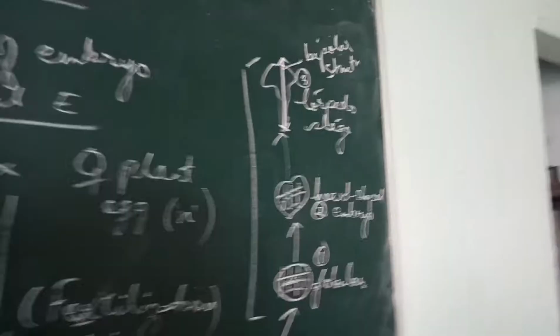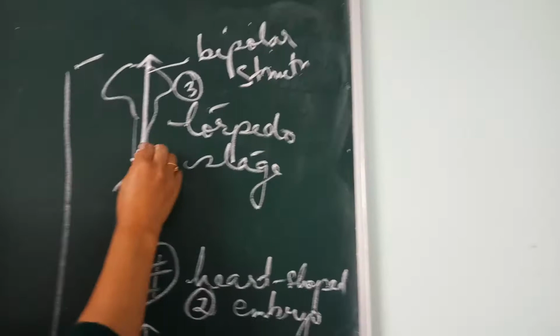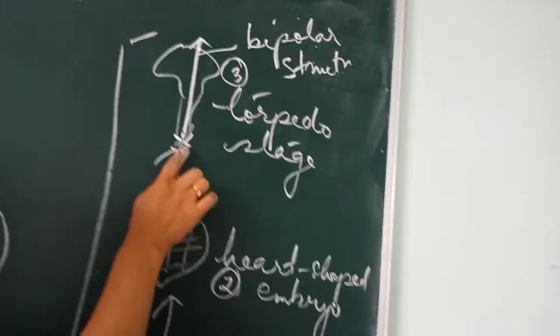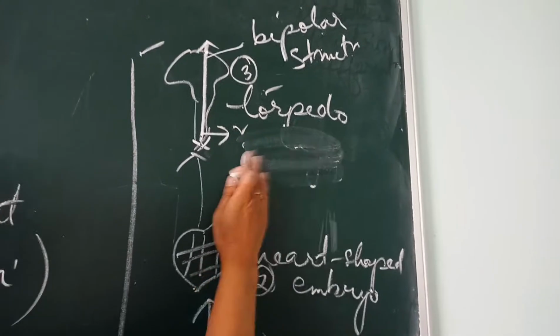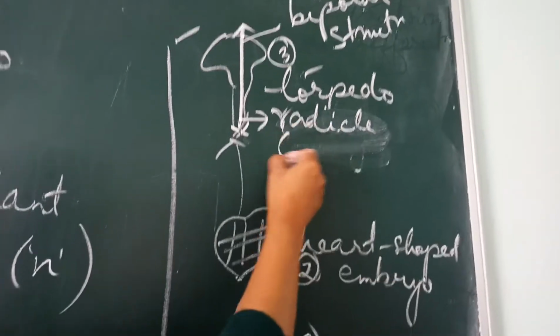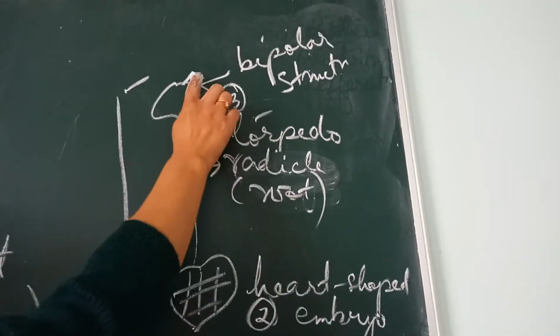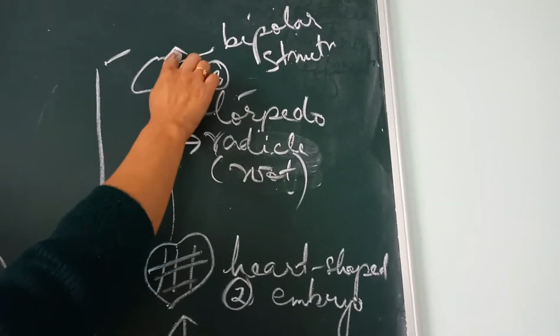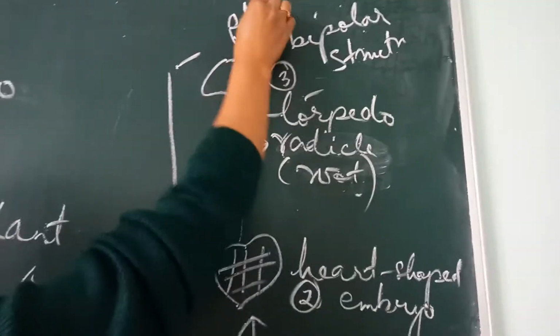It is a bipolar structure. It has this structure here at one end. Now this structure here is called the radicle, and this structure will give rise to the root system. And this another point at the extreme and opposite to this radicle is known as what?